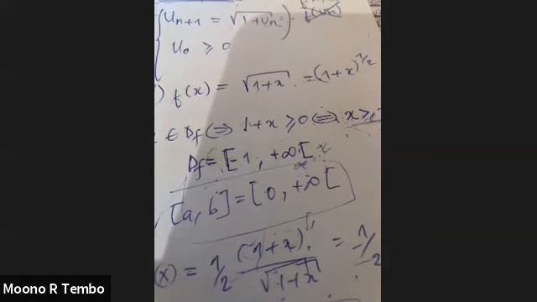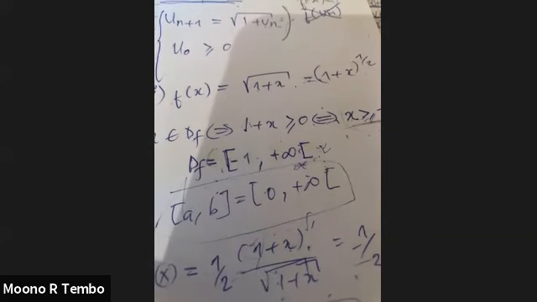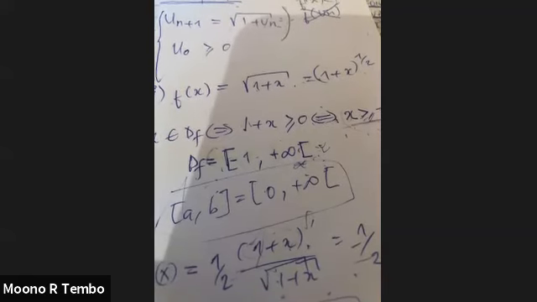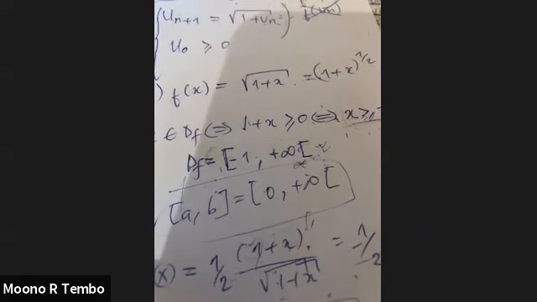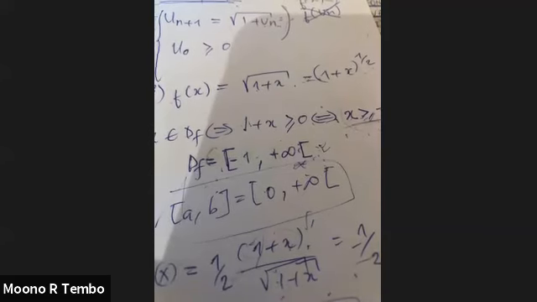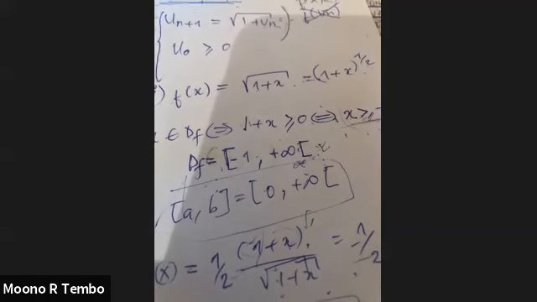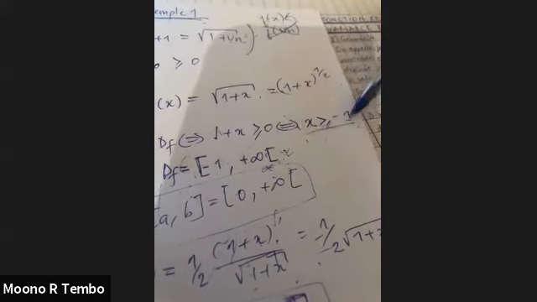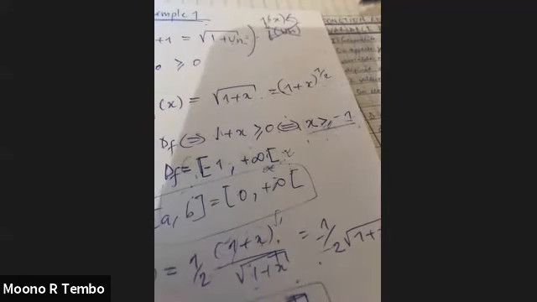We have 1 plus x is greater than or equal to 0. The 1 goes to the other side, and we find x is greater than or equal to -1. That is what you use to find the domain of the function.